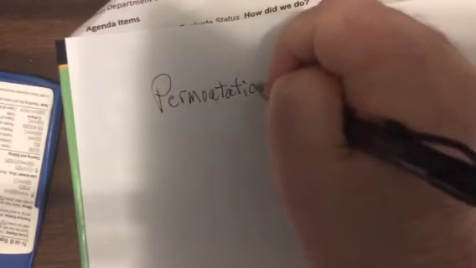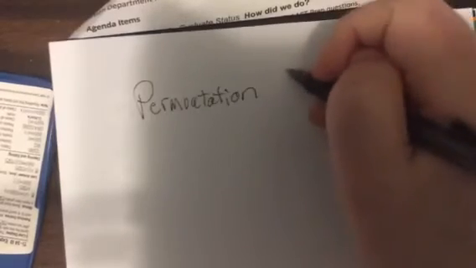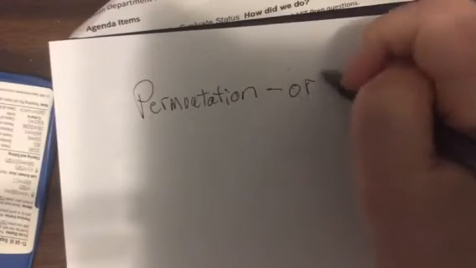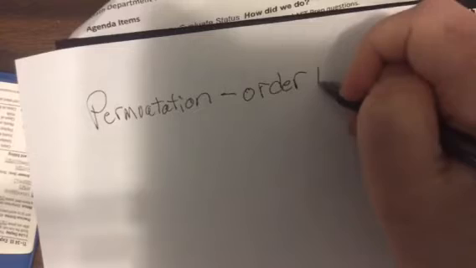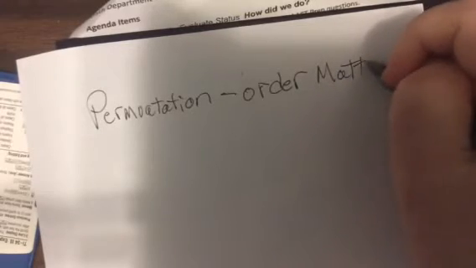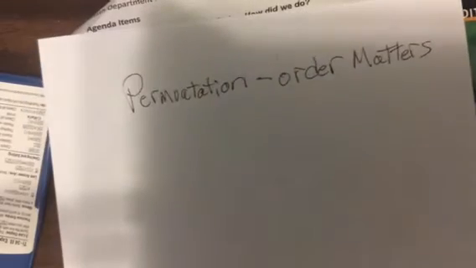Now, we're going to talk about a permutation, which is what we've been doing. And a permutation is when order matters. So whenever you're putting things in order, it's a permutation.